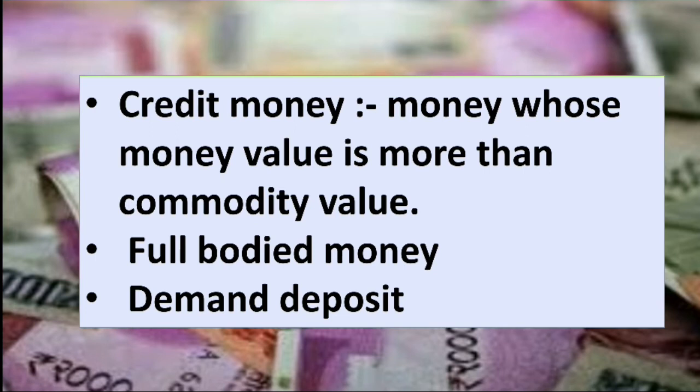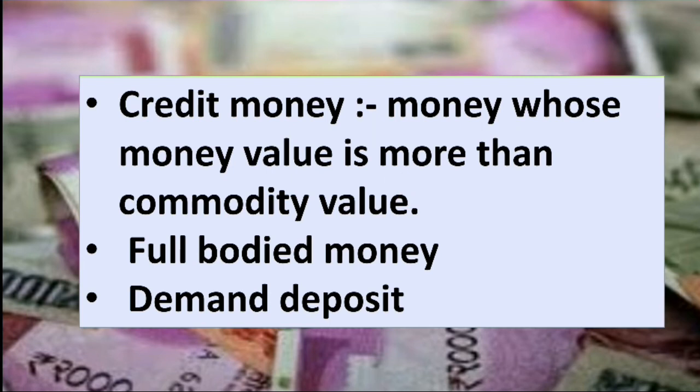Okay, so nowadays what we find is credit money, not full bodied money. Okay, because we cannot do anything with those notes, but full bodied money has a value of its own, right? So the gold has a value of its own. We would have made jewelry out of that gold, but we cannot make jewelry out of the paper that is used for printing money.